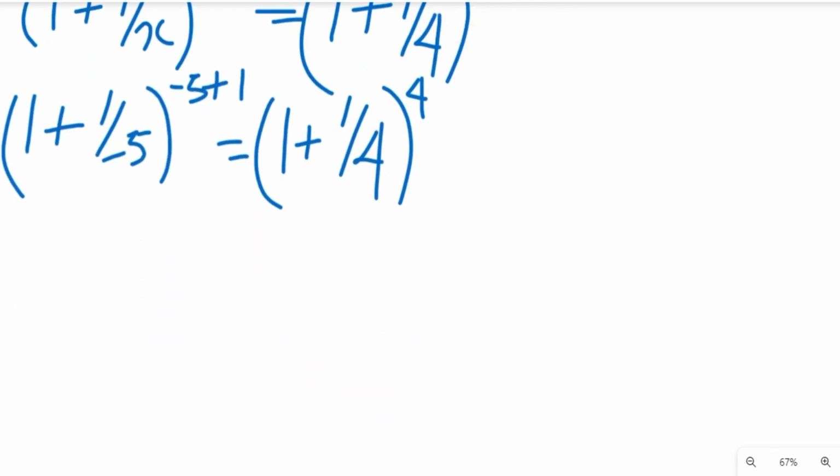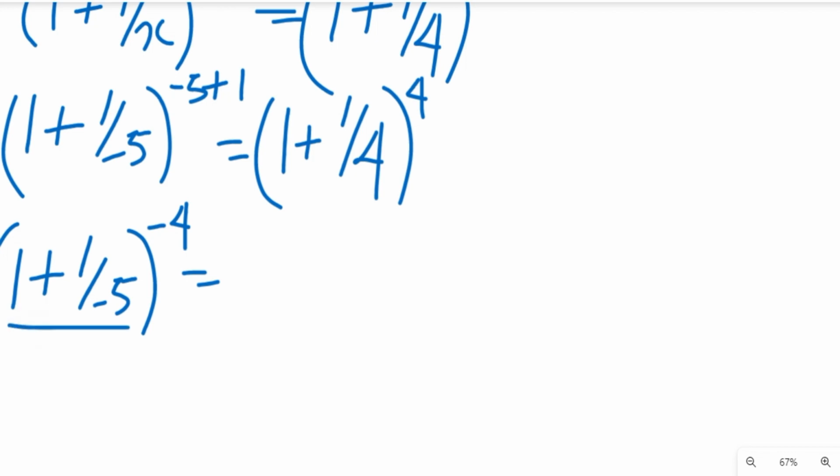So let's simplify. This will give us 1 plus 1 divided by minus 5 all to the power of minus 4. And this will be equal to this. We'll simplify this whole thing.